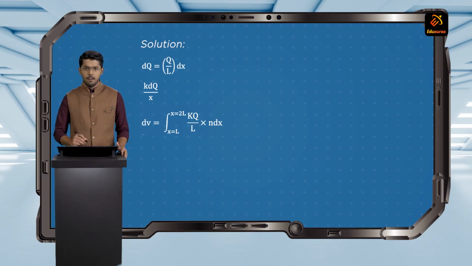Now, to find out the potential for the entire rod, we have to add all of the potentials for each segment of the rod by integrating it from the end A to end B. Let's do that. For the left end of the rod, x will be equal to L, and for the end B of the rod, x will be equal to 2L. So, we can go ahead and integrate this.